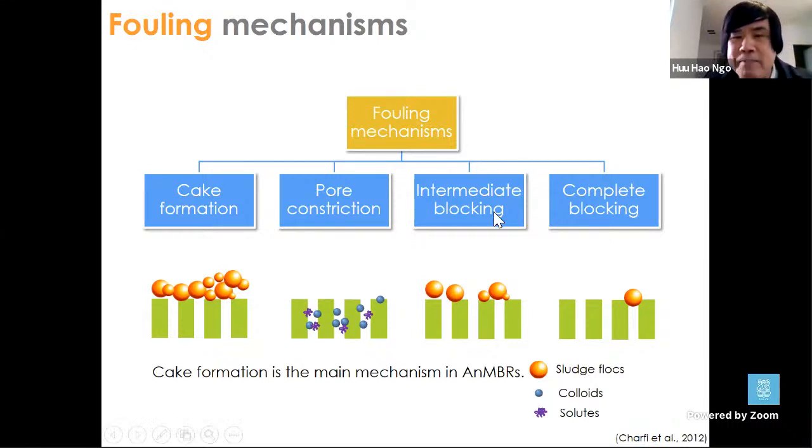Okay, and intermediate blocking is similar, because the blocking from the beginning, particles arrive on the already deposited particles on the membrane, and then because of that the later state is cake formation. And complete blocking is easy because the size is too big. That means outside they fully block the pore. Okay, fully block the pore. Outside, it's not inside. This is the inside.